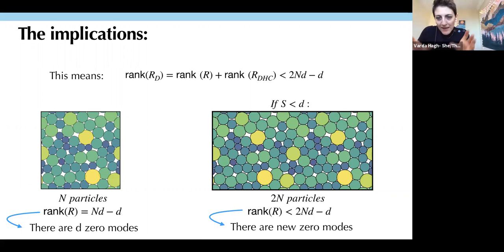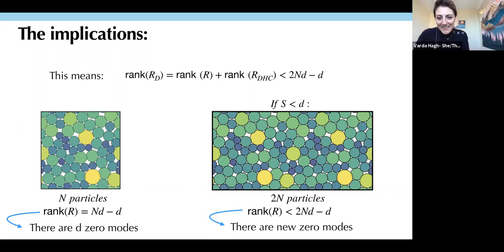When I duplicate it, when I copy it and attach its copy to itself, if S is smaller than D, then the rank of the rigidity matrix of this duplicated system would be smaller than 2ND minus D. If I were just looking at some arbitrary, ordinary jammed packing with 2N particles with one state of self-stress, its rank would be 2ND minus D. So the fact that the rank of the duplicated system is always smaller than 2ND minus D means that there are some new zero modes, some new zero-energy-cost motions, forming in the system, and you cannot get rid of them.